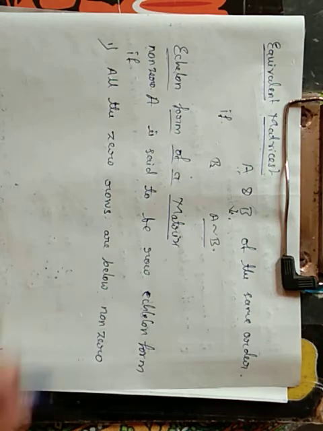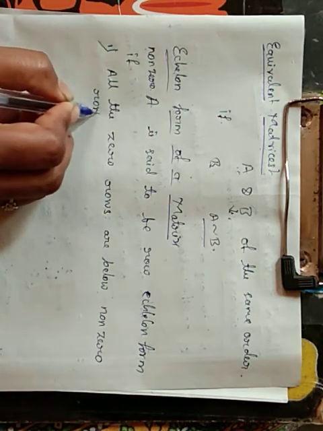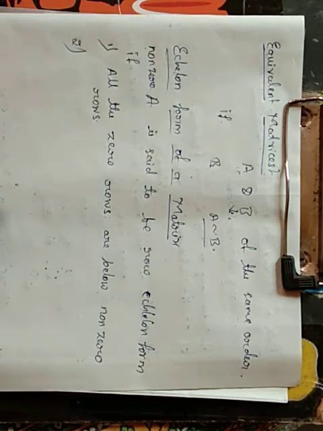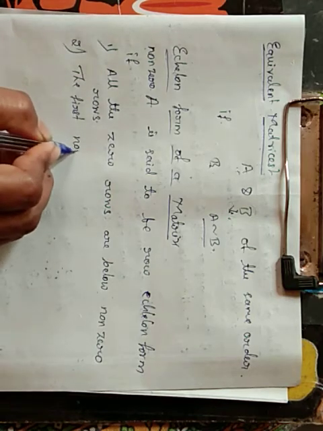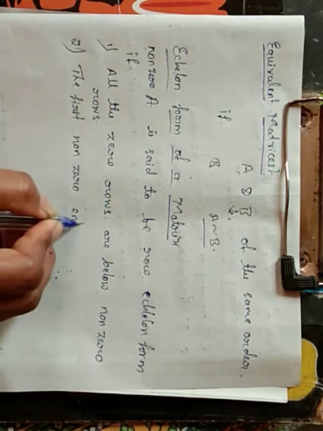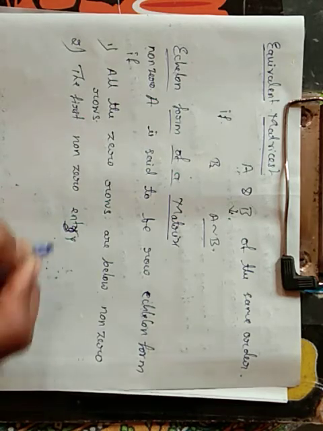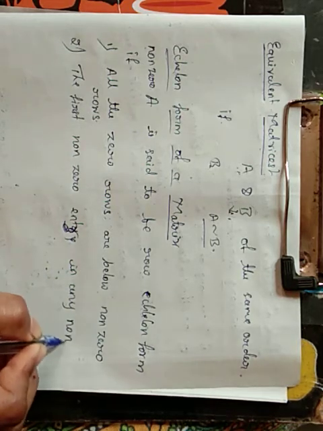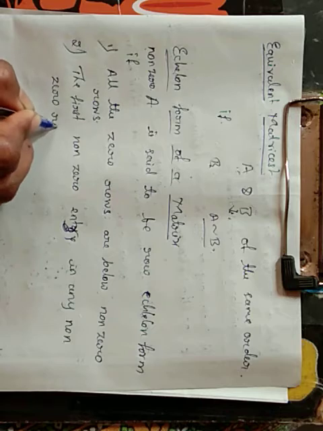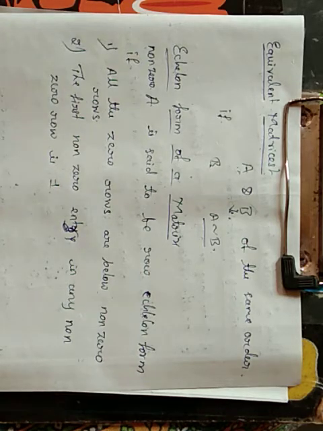The second condition is that the first non-zero entry in any non-zero row is 1.